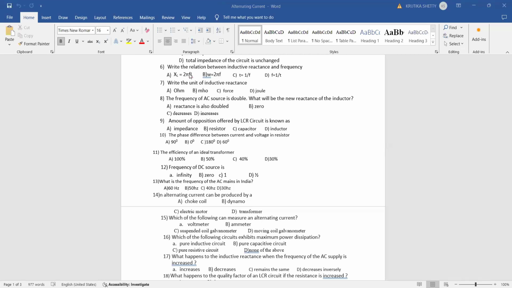That is XL is equal to 2 pi FL. B is the relation between linear frequency and angular frequency. A is the relation between inductive reactance and the frequency.